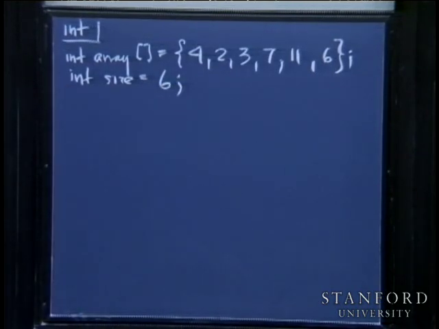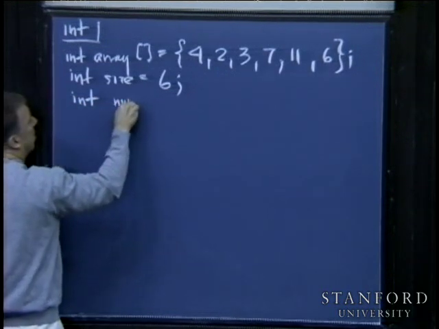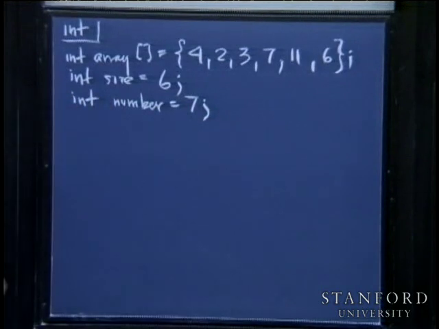If I want to search for the number 7, okay, I actually have to do the following. Number is equal to 7. Okay, I have to set aside space for the key that I'm interested in because I have to pass the address of that thing as the very first element to the L-search call.